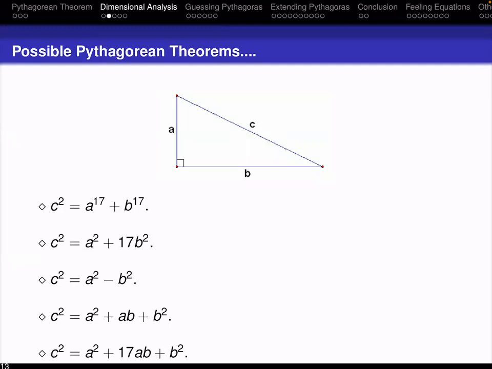I guess the second one is obviously wrong because if you look at c squared equals a squared plus 17b squared... I guess you could set up the area, or use the unit circle to prove that wrong, and prove that there's no relationship in general between b and 17.